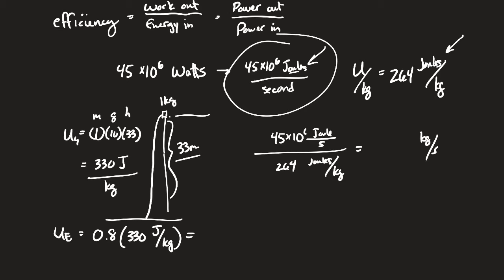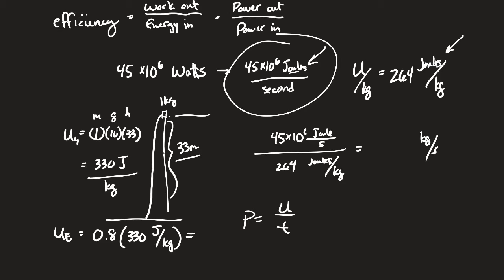There's no formula I'm working from here. I'm just looking at the units. If you want a formula for this, then what I would encourage you to look at is power equals energy over time.